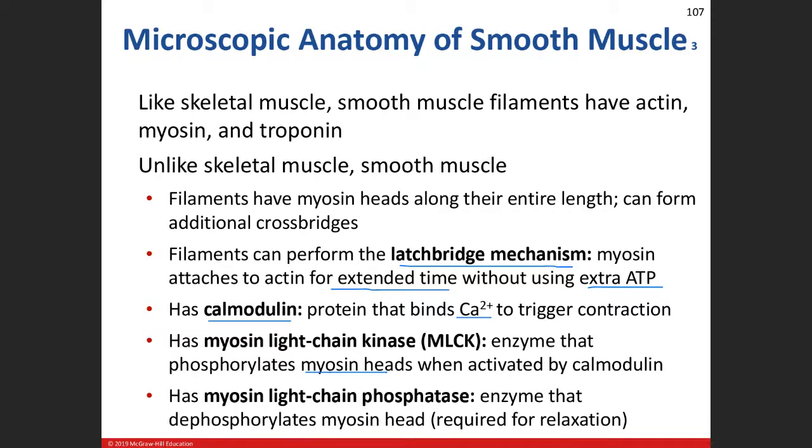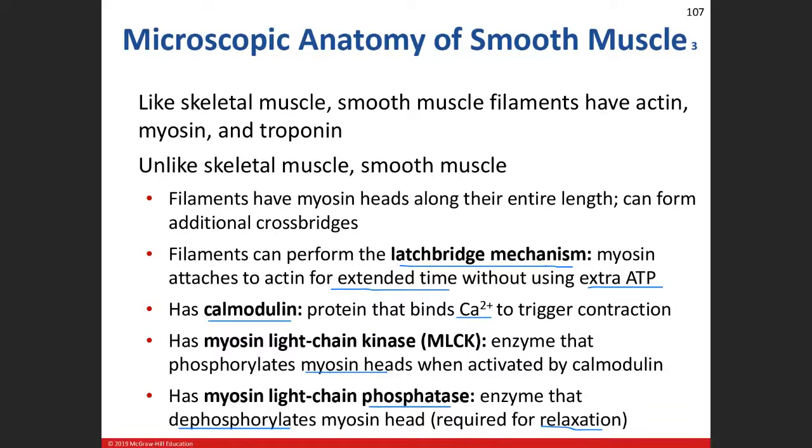And then that will allow for the contraction. The enzyme that stops the contraction is going to be the myosin light chain phosphatase. Again, phosphatase, this enzyme is going to pop that phosphate off the myosin head. When it does that, it creates relaxation. So it's a little bit different here.